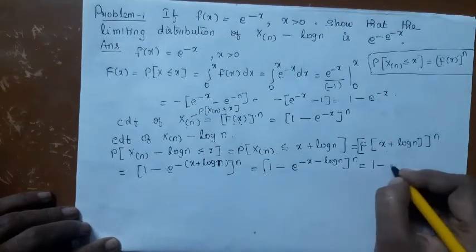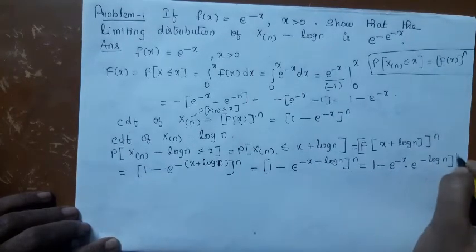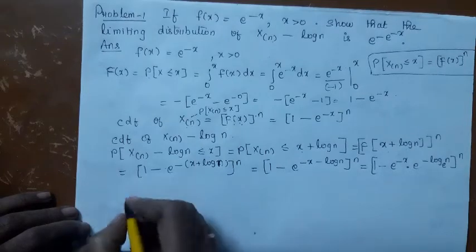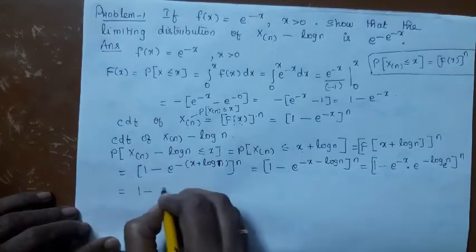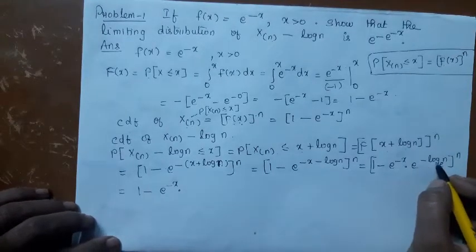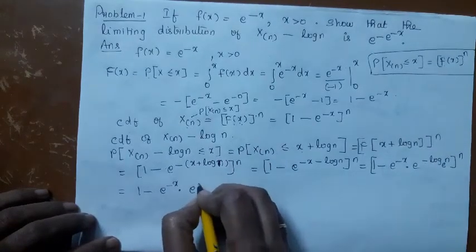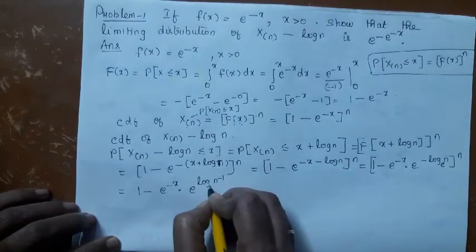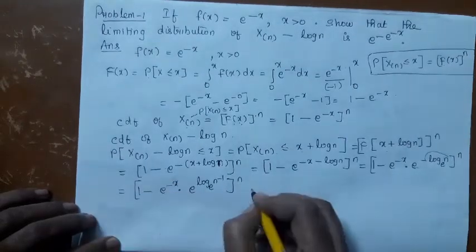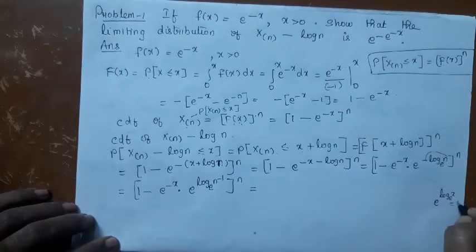That is 1 minus e power minus x into e power minus log n the whole power n. Let us assume that it is log to the base e. What happens? 1 minus e power minus x, and this becomes e power minus log n to the base e. I am going to write it as e power log n power minus 1 to the base e. I am using the power rule to take it to the power. So you know that e power log x to the base e is x.